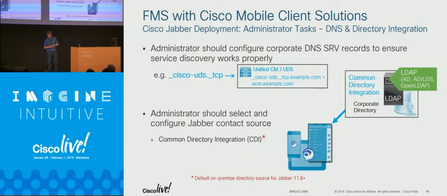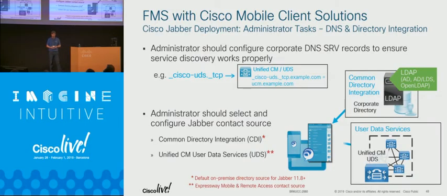First is common directory integration. This is the default method of doing contact or directory integration for Jabber. And what this involves is basically an LDAP directory of some form being synchronized with Communication Manager usually, but the Jabber client talking directly to that corporate directory using LDAP. So that's the traditional way, common directory integration.